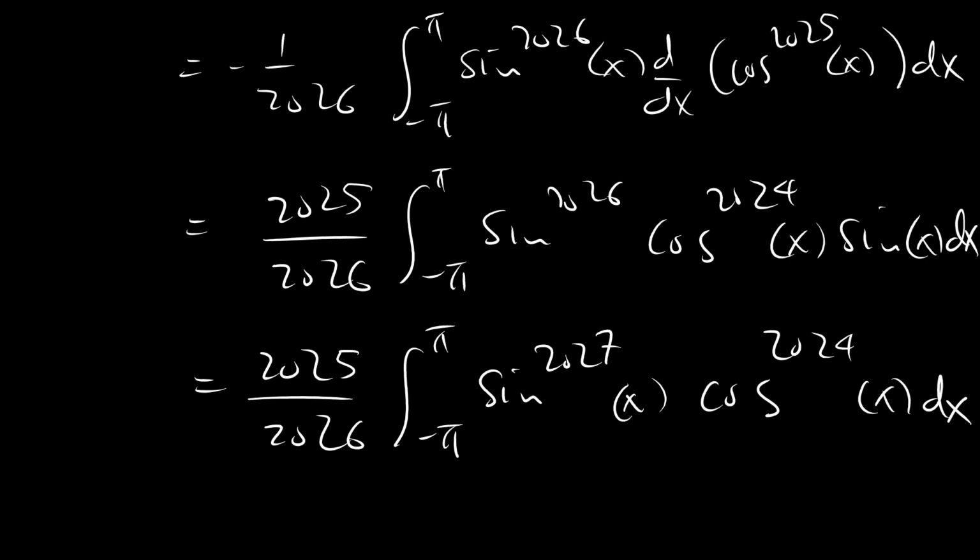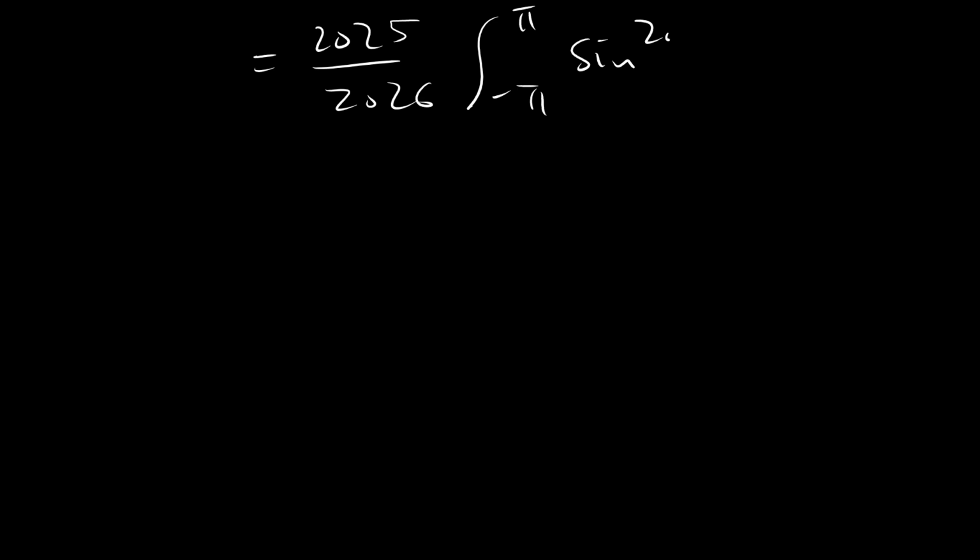Okay, so our problem has gotten us to 2025 over 2026 times sine 2027 x cosine 2024.